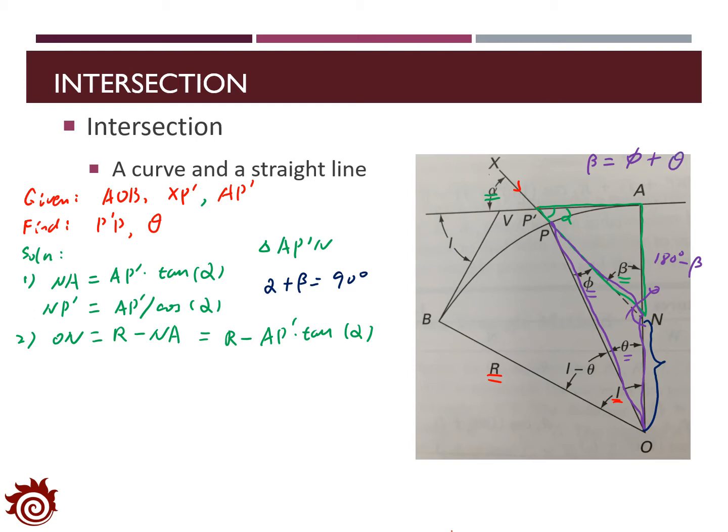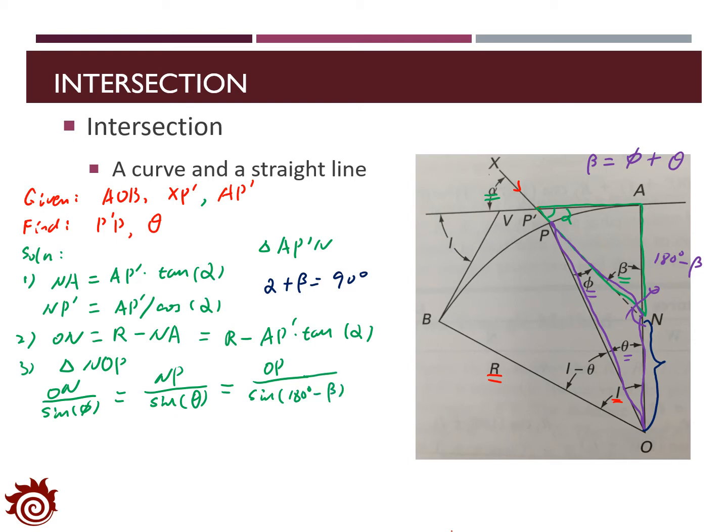So with this information, we can use the triangle NOP to list the set of our equation. That is ON divided by sine phi equal to NP divided by sine theta equal to OP divided by sine 180 minus beta.